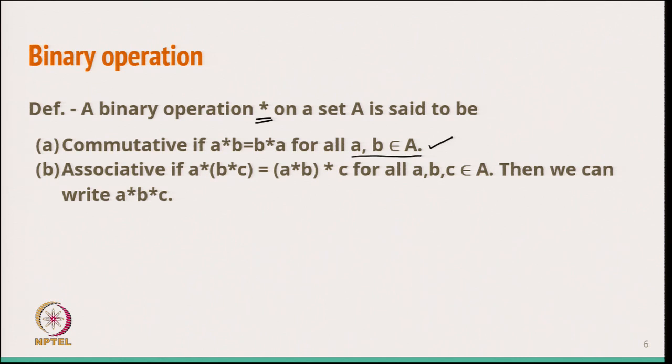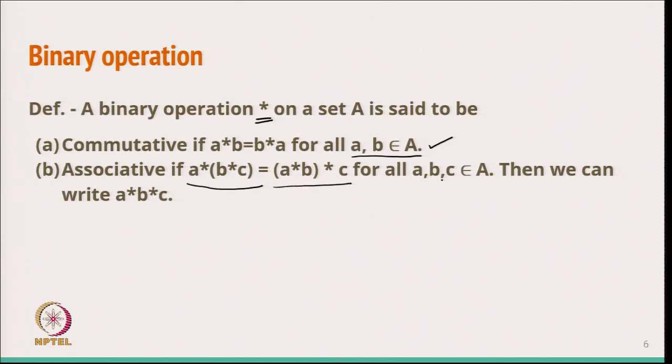Another property is associativity. The binary operation star is said to be associative if A star (B star C) is equal to (A star B) star C. It means that in A star B star C we can put the bracket anywhere among them.